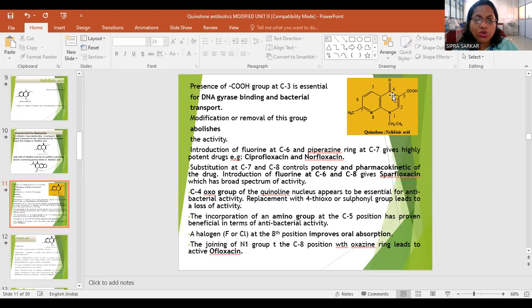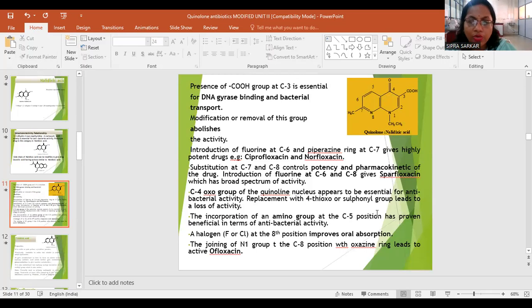The 4-oxo group of the pyridone nucleus appears to be essential for antibacterial activity. Replacement with a thioxo or sulfonyl group leads to loss of activity. Sometimes it has been tried to put sulfur at that position, but it was found that drug activity was lost.